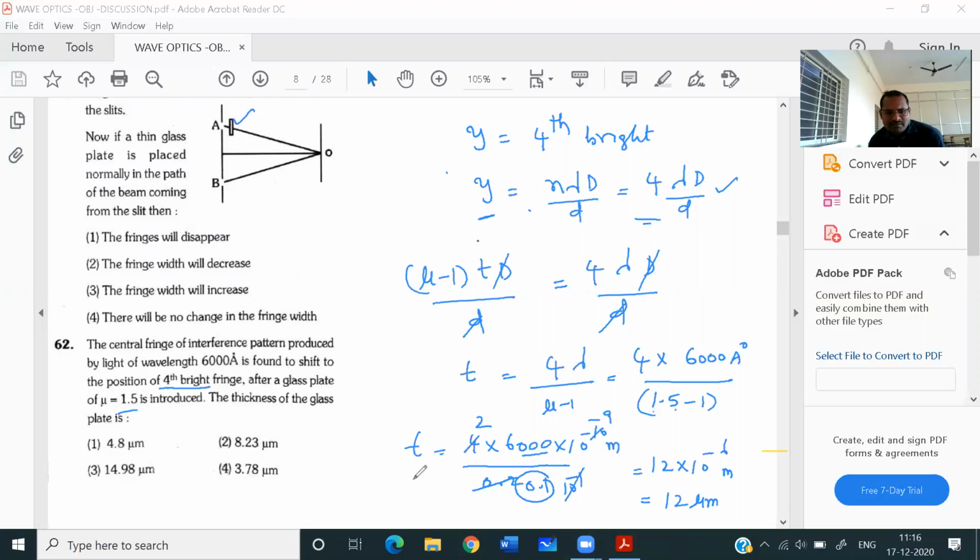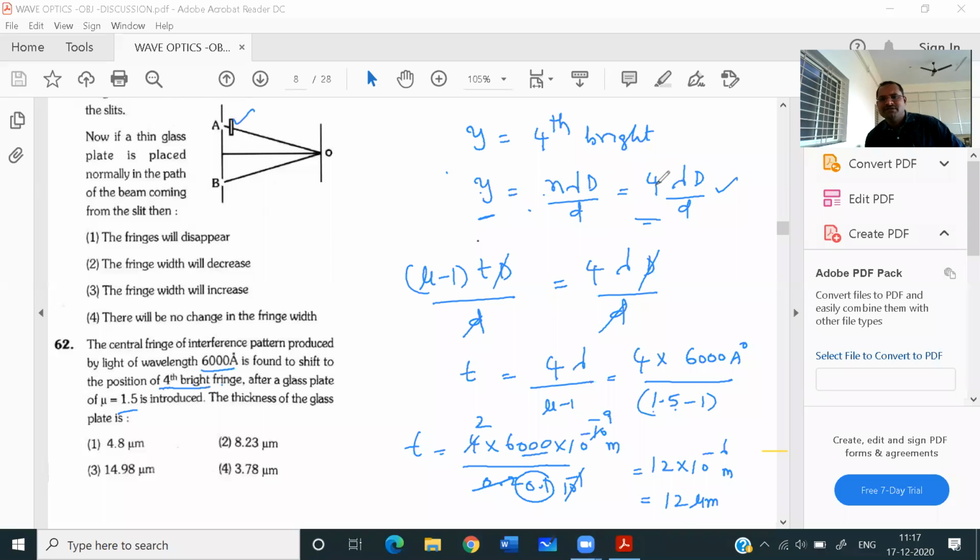But the options are 4.8, 8.23, 14.98, 3.78. What is given? The central fringe of the interference spectrum produced by light of wavelength 6000 angstrom is found to shift to the position of the fourth bright fringe.